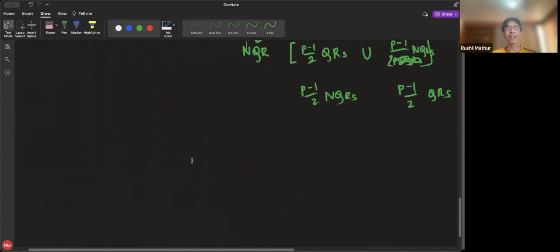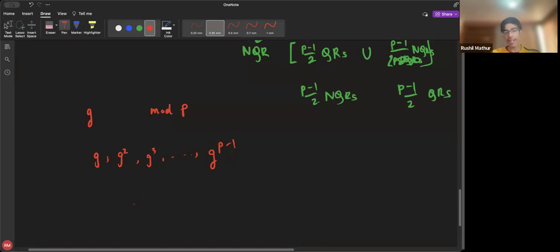A much more general way of thinking about this though is to think in terms of primitive roots. I'm not sure if everyone here knows primitive roots, but I'll just say it. If it doesn't make sense to you, it's okay. Basically, in general mod a prime, there will always be a primitive root g, such that if you take g, g squared, g cubed, all the way till g to the p minus 1, these are all distinct numbers and cover all the p minus 1 different non-zero residues.